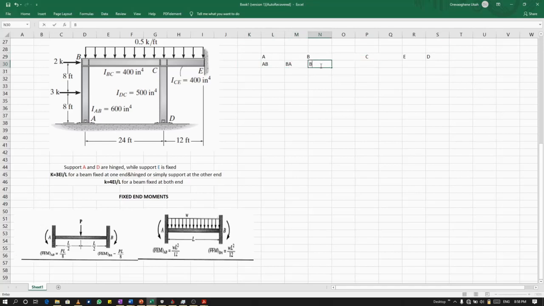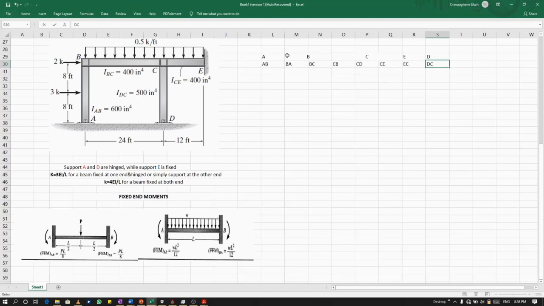We have BC. Under support C, we have CB. We have CD, and we have CE, and we have EC, and we have DC.